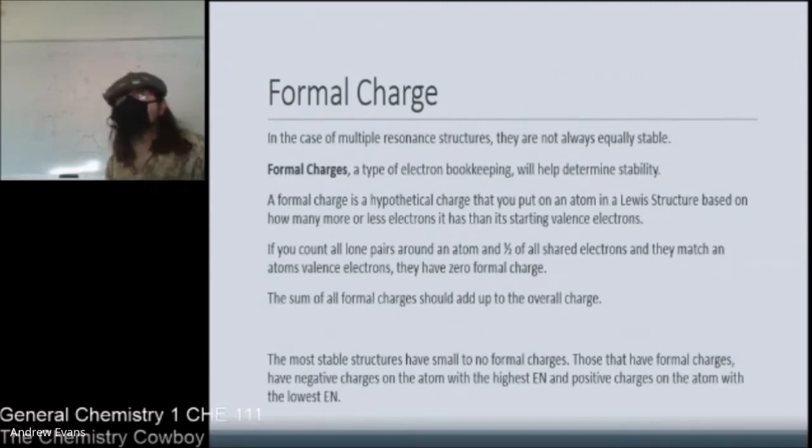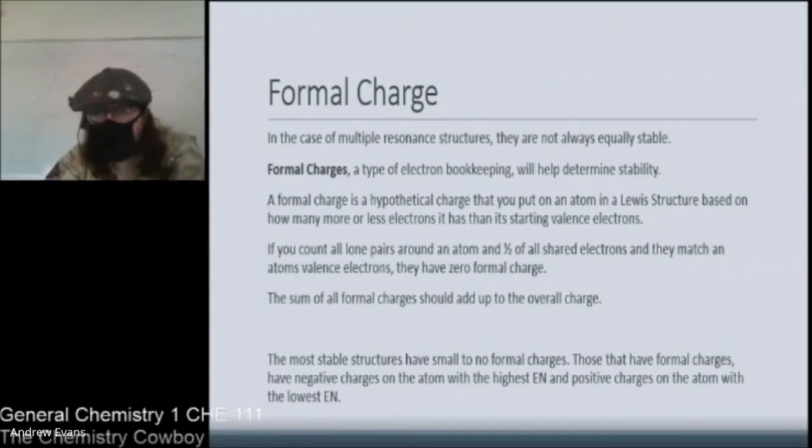It would have a net charge of 0. However, if carbon were to make 3 bonds and have a lone pair of 2 electrons, even if it has an octet, it would be considered to have a formal charge of 1 minus, because it has 1 more electron than we would typically expect.